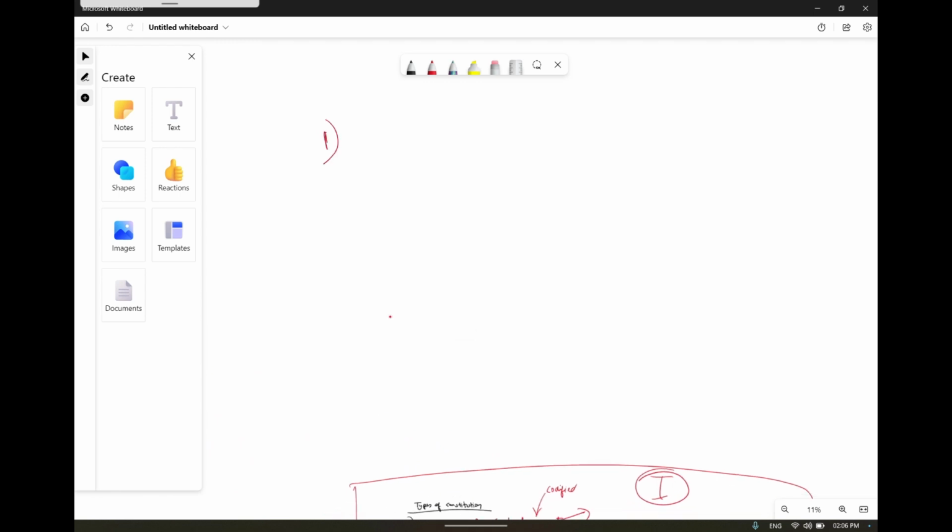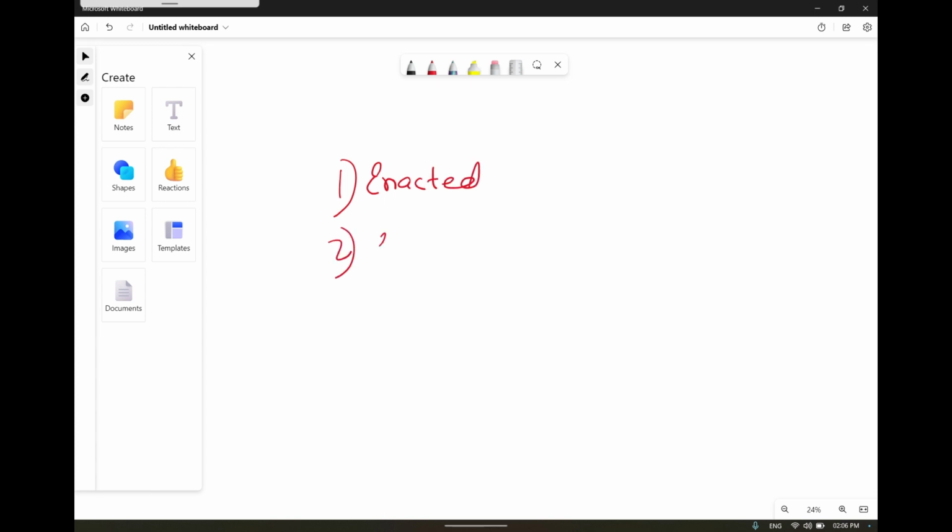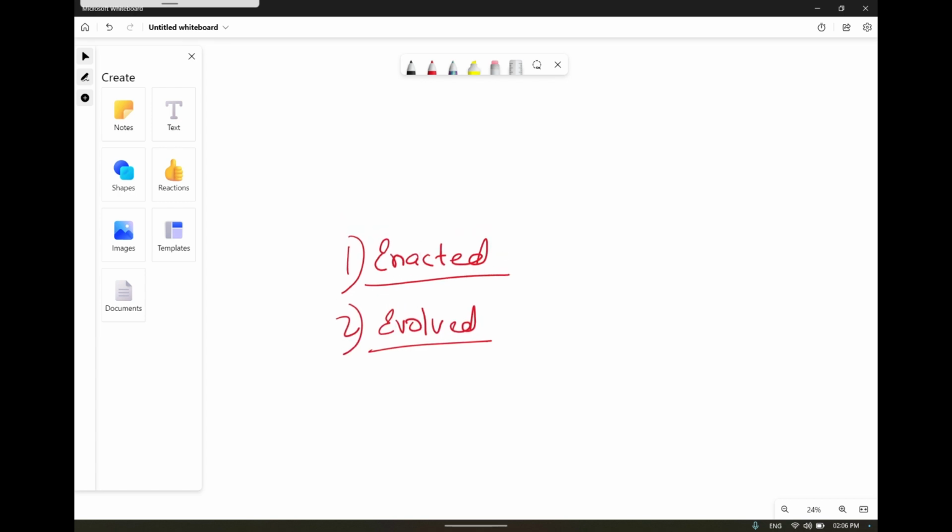Now the second characteristic: one will be enacted, and another will be evolved. Now we have to understand what exactly enacted means and what evolved means. As the terms define, we will be able to understand, but I will make it more clear.